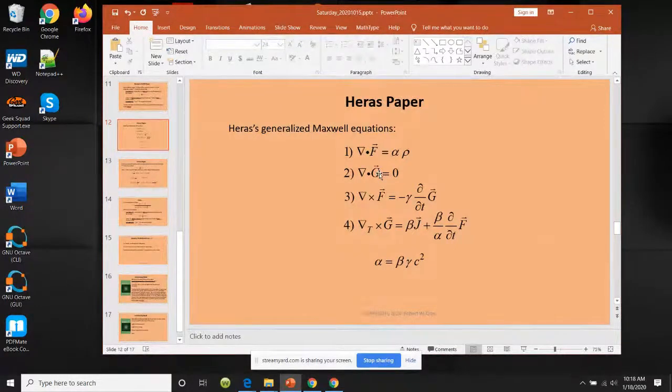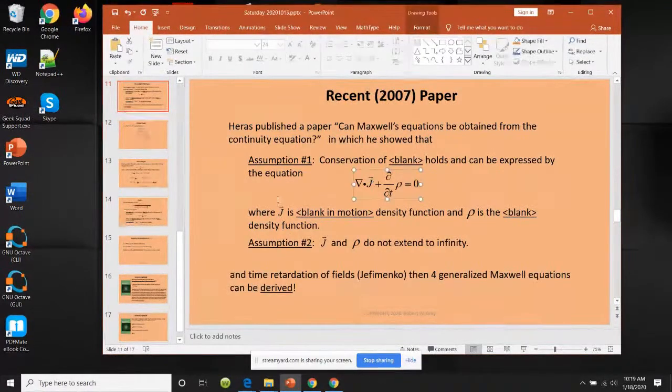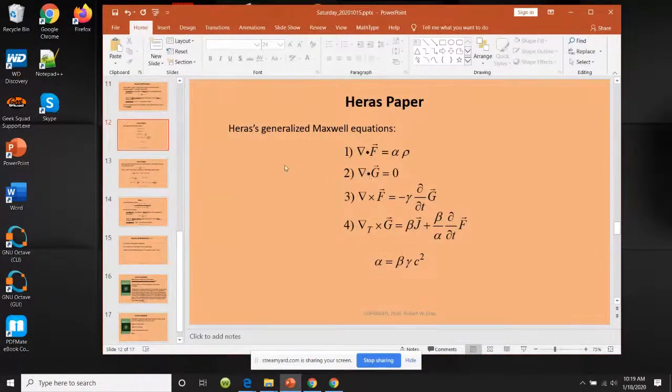But if you're not in electrodynamics, say it's gravity, well then this F may be the gravity field, and the G would be a co-gravitational field of Jefimenko. You get all of these equations only because of this equation and time retardation. And yes, we may not have measured co-gravity yet, but these equations would still hold for gravity.